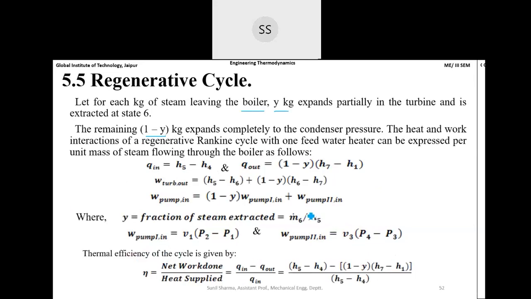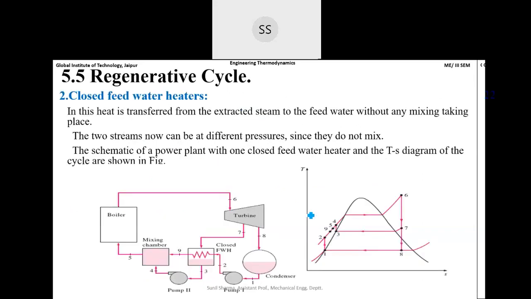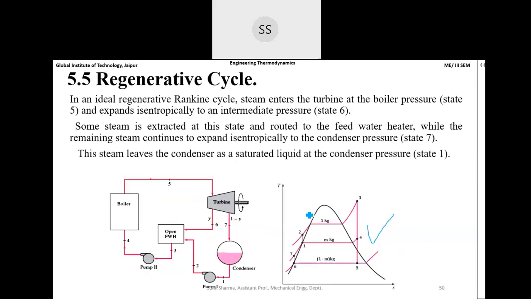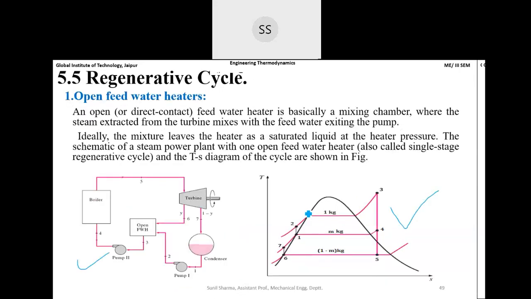And Q out is (1 minus y)(H7 minus H1). This is your Q out, not Q in. So Q out is H7 minus H1, which is shown in the figure.